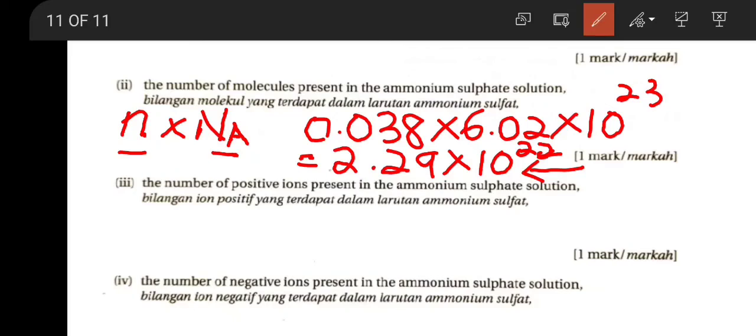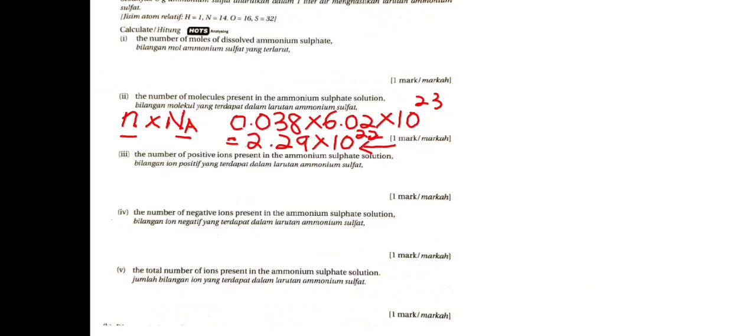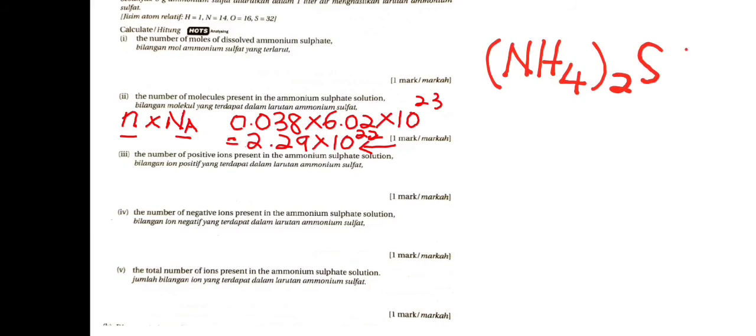Question number 3, calculate the number of positive ion present in the ammonium sulfate solution. So because ammonium sulfate is (NH4)2SO4, this is the formula of ammonium sulfate, right? So ammonium sulfate, they consist of positive ion and also negative ion.